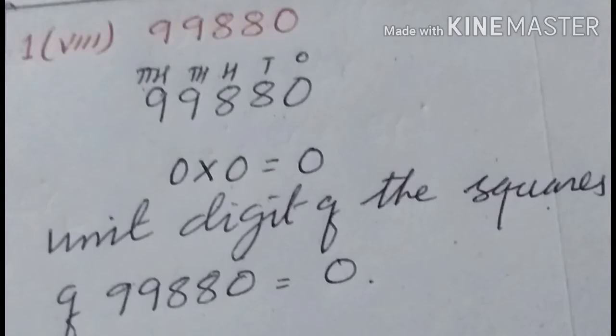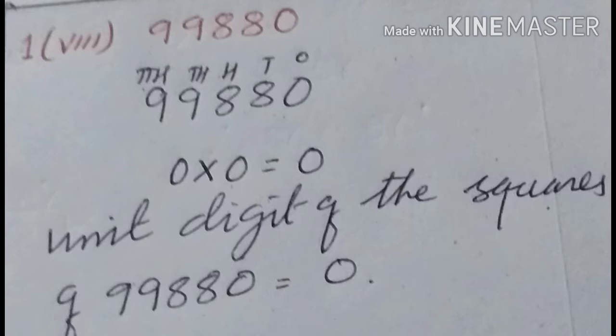Now next I'll do question number 8. Just look at question number 8. We have 99880. Clear? Here we have a 5 digit number. First write down the place value: ones, tens, hundreds, thousands, ten thousands. Okay, now from here identify the ones place digit. Here it is 0.